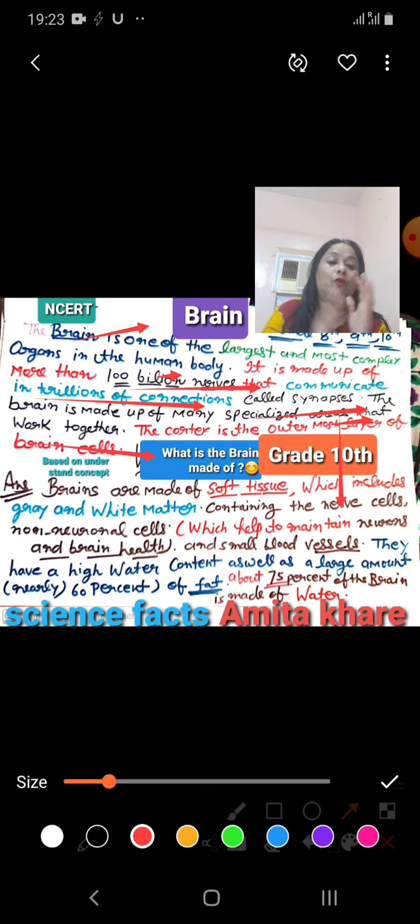So the brain is the largest and most complex organ in the human body. It is made up of more than 100 billion nerves that communicate in trillions of connections called synapses.